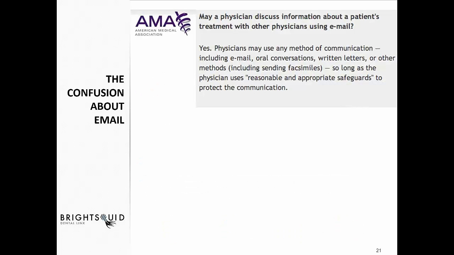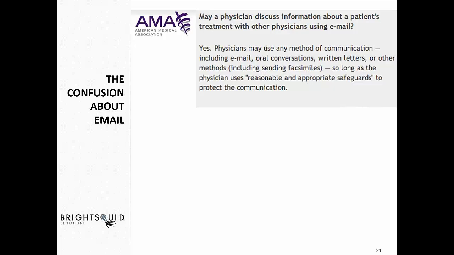Now, to make it even more confusing, when you do a search and look at the American Medical Association guidance, it says, may a physician discuss information about a patient's treatment with other physicians using email? The guidance from the American Medical Association says that yes, you can, as long as you're using reasonable and appropriate safeguards. And this is one of those loopholes that really should be concerning.